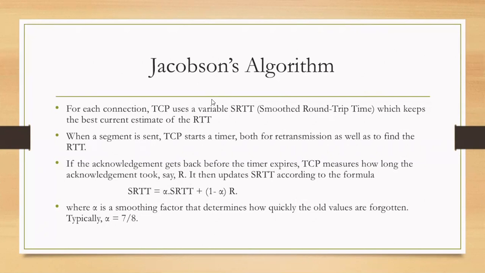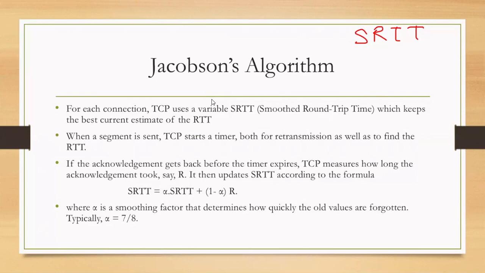For each connection, first TCP will use a variable called SRTT. For every connection, TCP will maintain a variable SRTT. SRTT stands for smoothened round trip time. This variable keeps track of the best current estimate of the RTT. So currently SRTT is X. Next moment the scenario may change in the network.